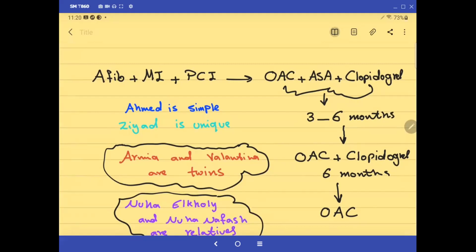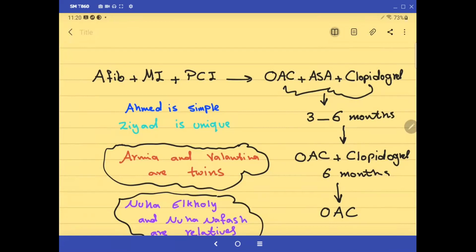But digoxin is not favorable anyway. This is for rate control in atrial fibrillation: beta blocker, calcium channel blocker, or digoxin. If the patient has atrial fibrillation and heart failure, the rate control medication is beta blocker, plus or minus digoxin.